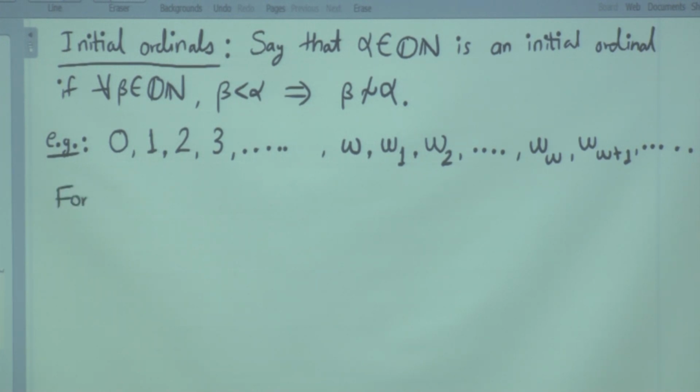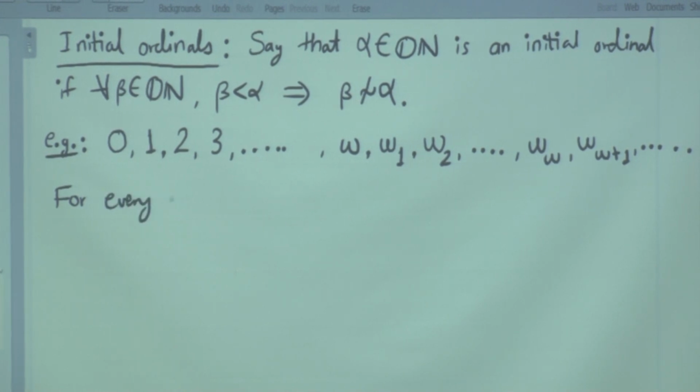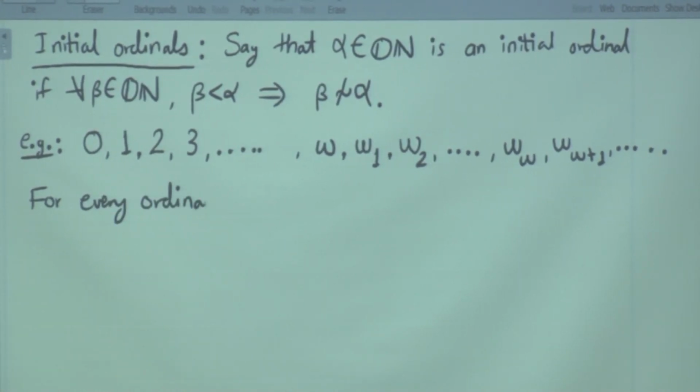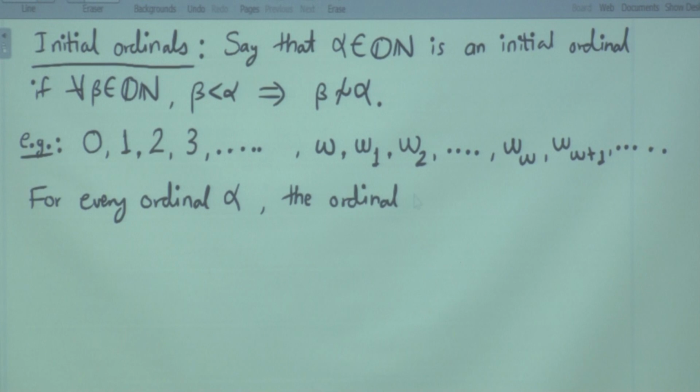For every ordinal alpha, the ordinal omega sub alpha is an initial ordinal.